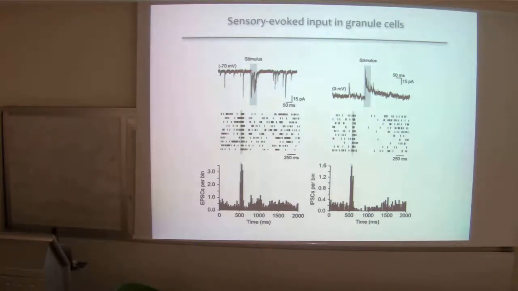It seemed you would always get both coming together. And this input is not just from one Golgi cell. It's thought that on average about 6 to 7 Golgi cells impinge on one single granule cell, so this is probably the compound activity of about 5, 6, 7 Golgi cells being stimulated to produce the inhibitory input.